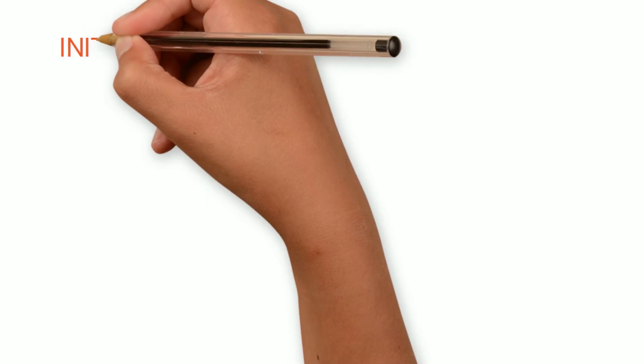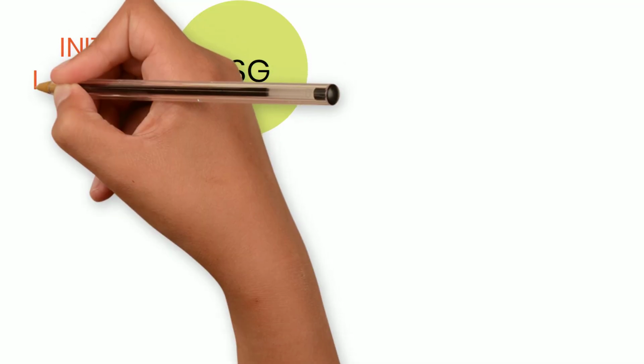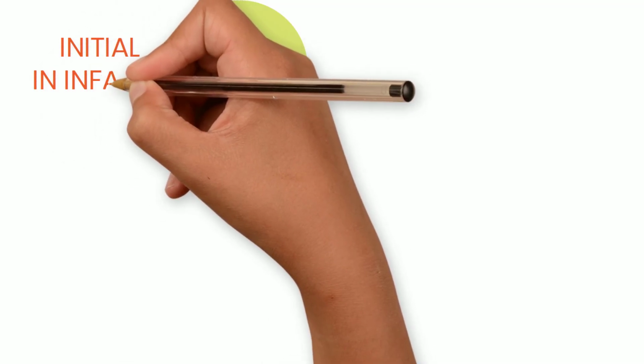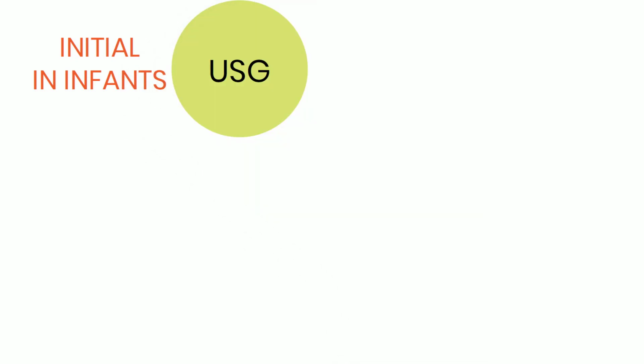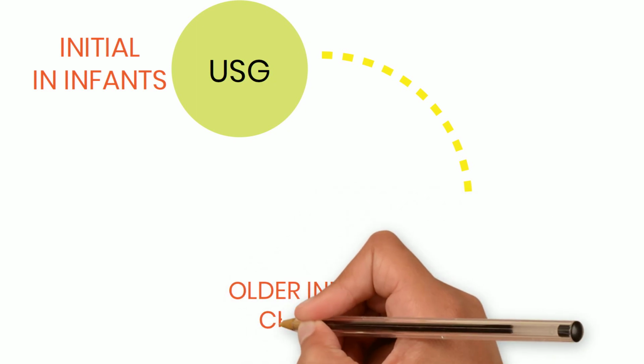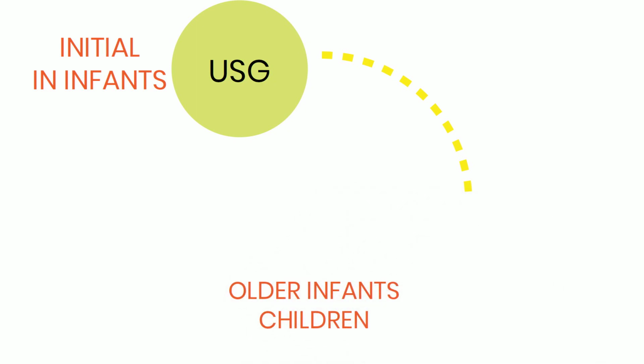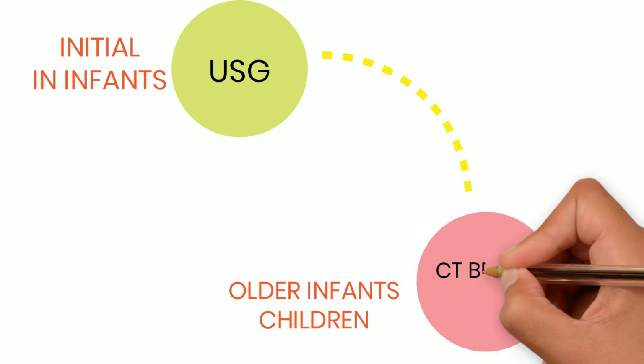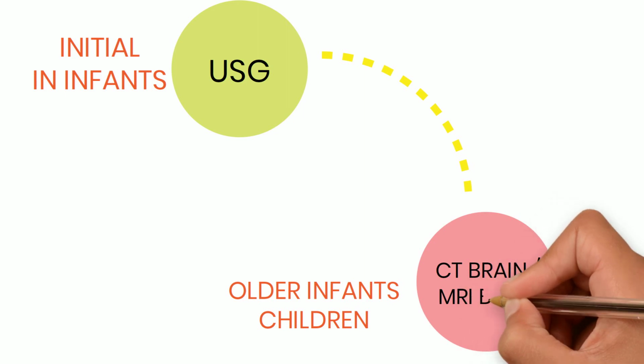Coming to investigations, ultrasound is the initial investigation in infants where the AF is still open. But in case of older infants, when the fontanelle is closed, and in children, CT brain or MRI can be done.